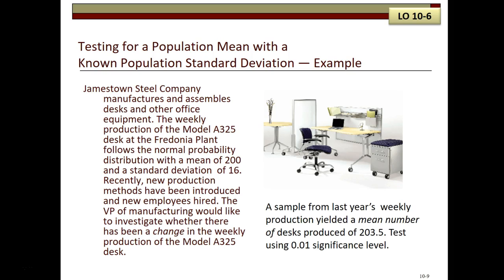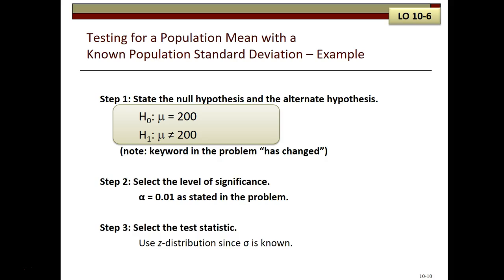We can't take every desk coming off the line for the next 7 months. We have to take a sample of 50. It's 203.5. Is that enough to lead us to believe that these new production methods and people are causing this change in production? We know it's an increase, but we went into this asking, is there a change?